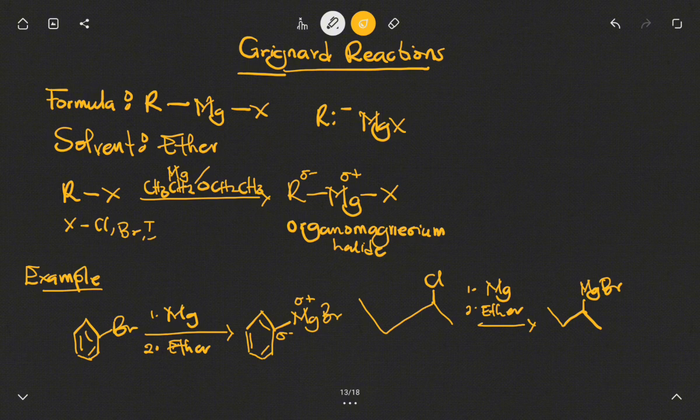Okay, now Grignard reagents react with aldehydes to form secondary alcohol. So let's look at the mechanism involved in this. Over here I have pentanal. So pentanal is going to look like this.